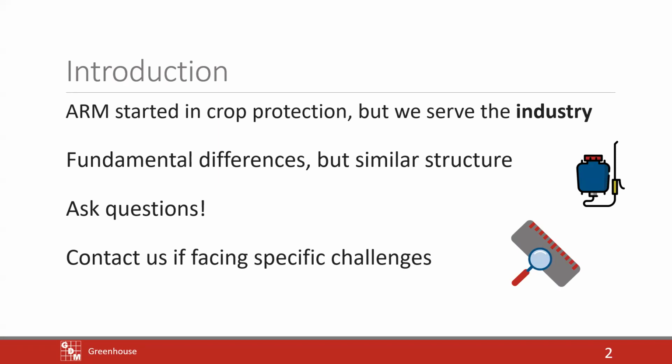So we wanted to collect all the little tidbits of tricks and tips in the various sections of ARM, how they would lend themselves to these other types of studies. ARM itself, the software, had started really in crop protection.